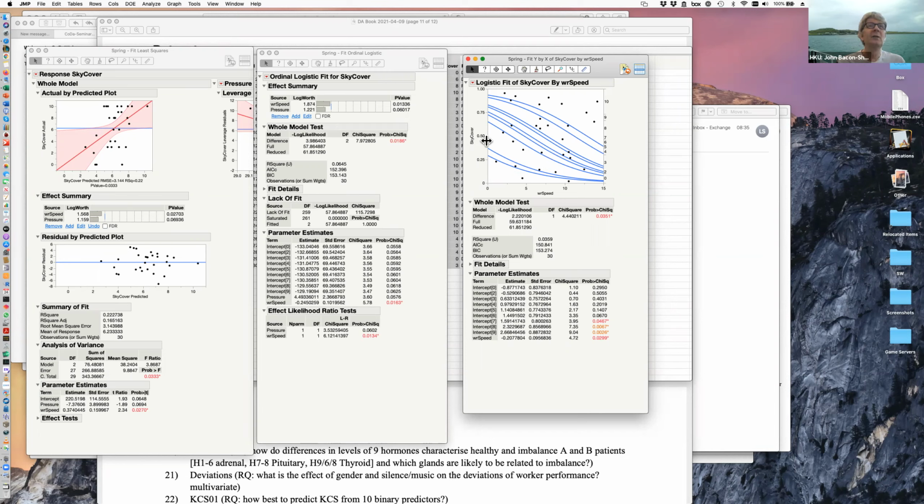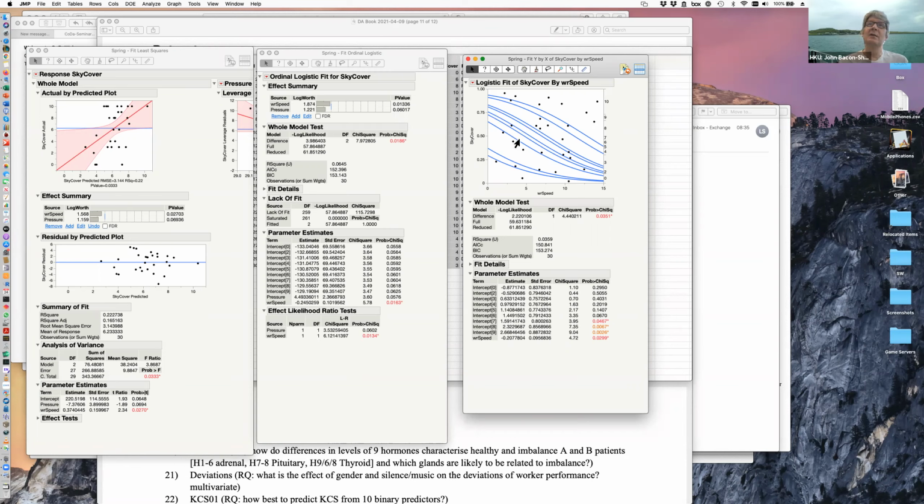Did I get that right? Actually, no, sorry, we don't have any 1. So it's doing 0, 2, and 3. It's basically saying there's about a 2/3 chance of a sky cover of 0, 2, or 3 when the wind speed is 0. And there's about a 60% chance of a sky cover of 10 when the wind speed is 15.